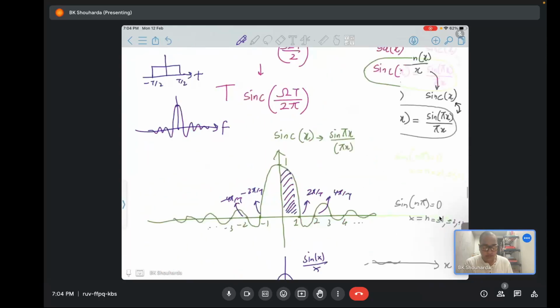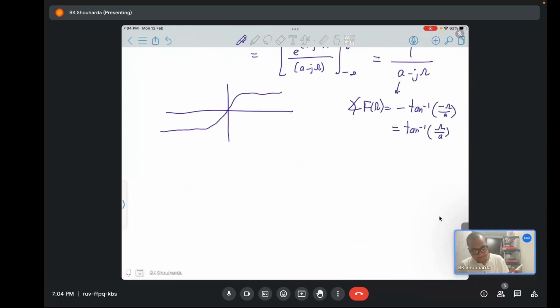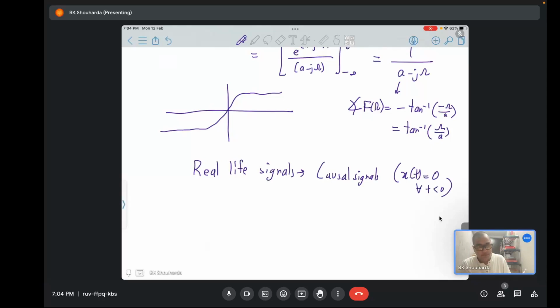So this is a very important thing to keep in mind, that real life signals are actually causal signals, which means that x of t is 0 for all t less than 0. Okay, and what do they imply? It means that their phase is positive for omega less than 0 and phase is negative for omega greater than 0. Such signals are realizable, and it's a very important property to keep in mind.